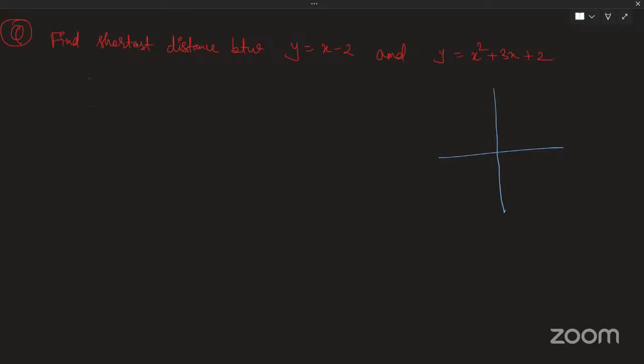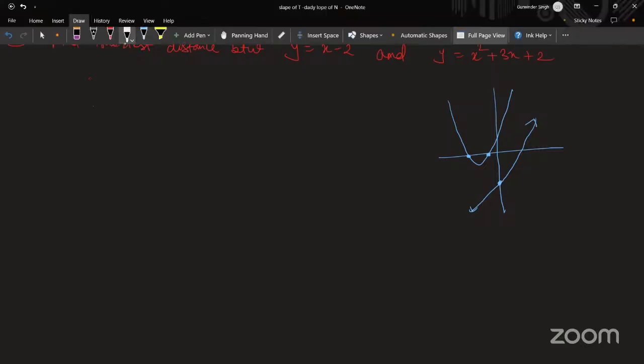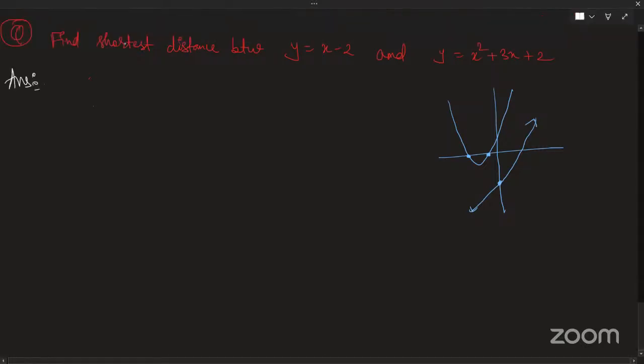This can be written as x plus 1 into x plus 2, so minus 1 and minus 2 are its roots. So it will cut something like this. And y is equal to x minus 2. It is a line like this. So it is asking you what is the shortest distance between this line and this parabola.